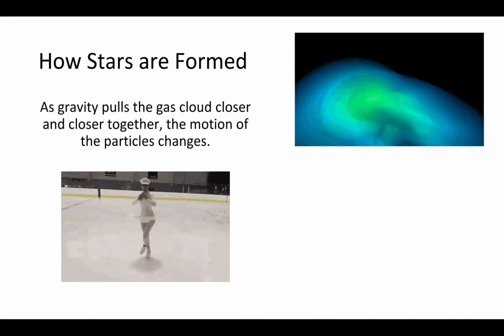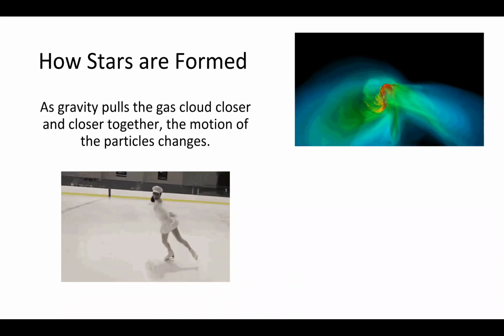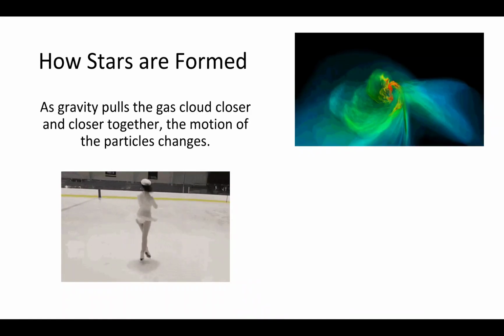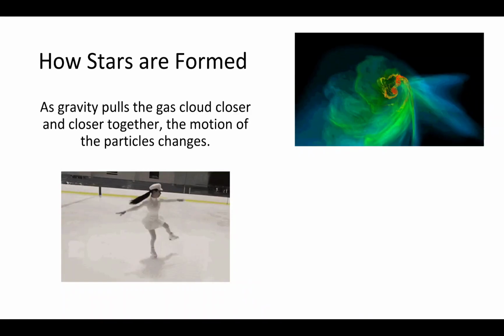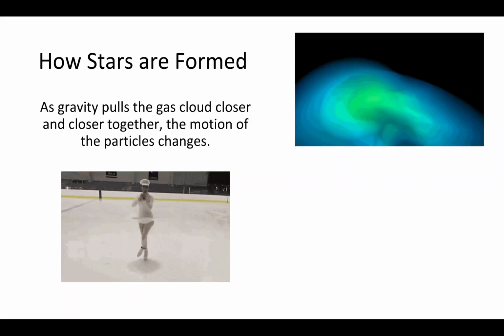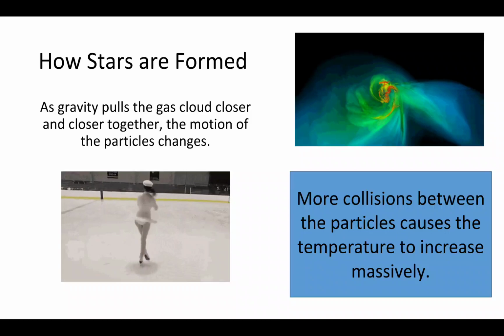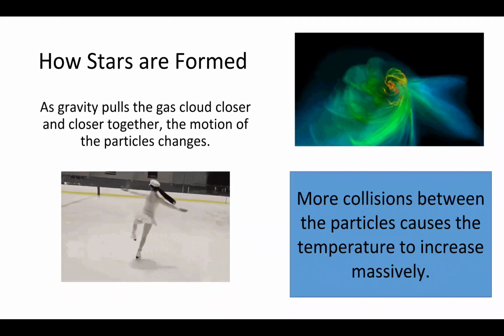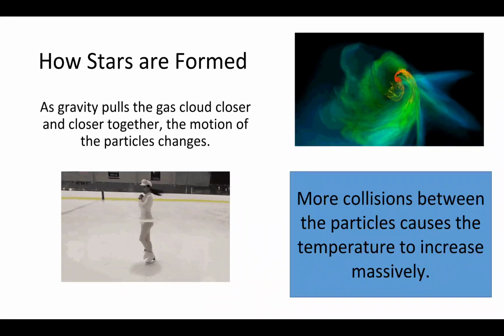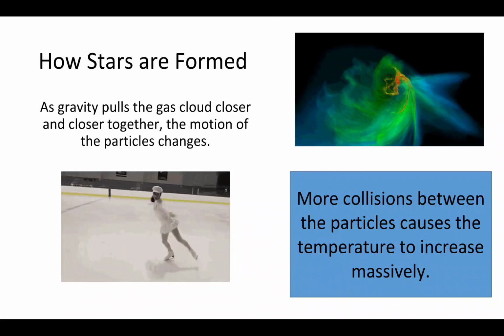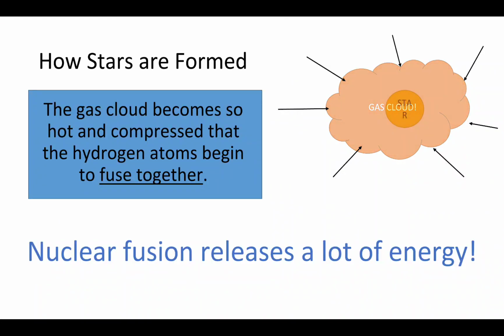So as the gas starts to get pulled in, it starts to rotate faster, and as more mass gets pulled in, the speed will increase at an even more drastic rate, which will result in more collisions between the particles, which causes the temperature to increase massively. So the gas cloud becomes so hot and compressed that the hydrogen atoms can indeed begin to fuse together.